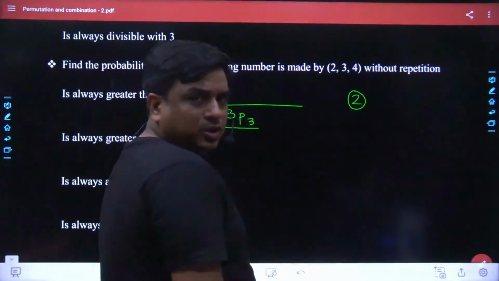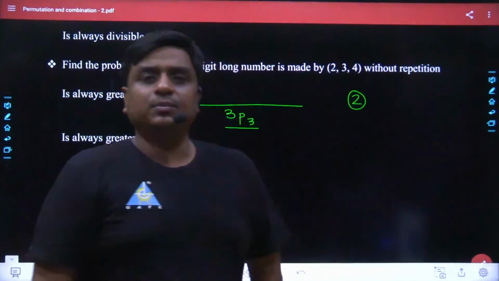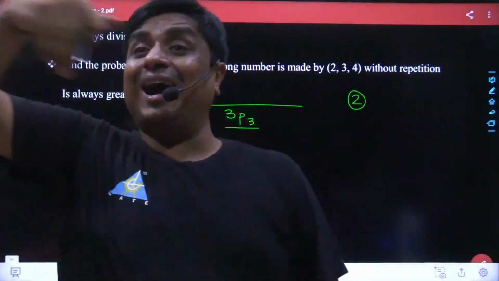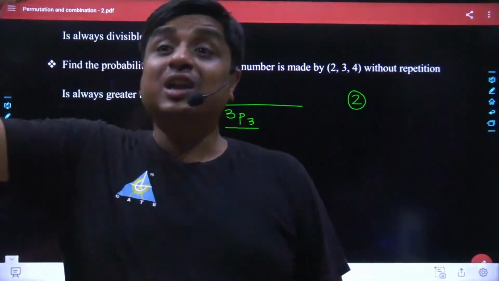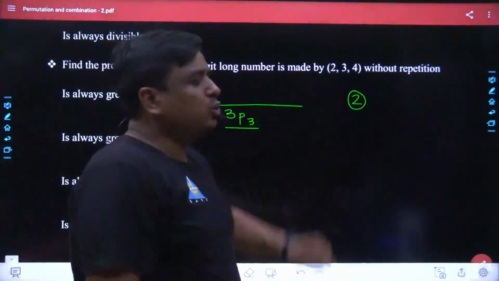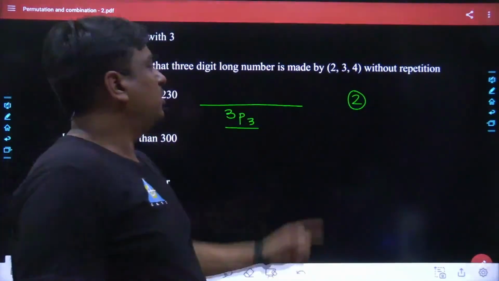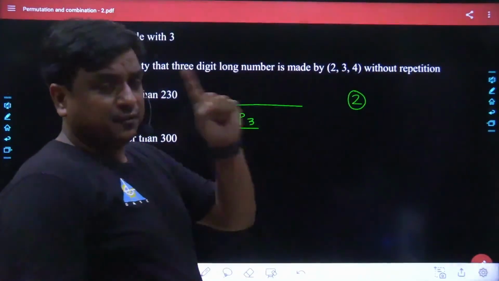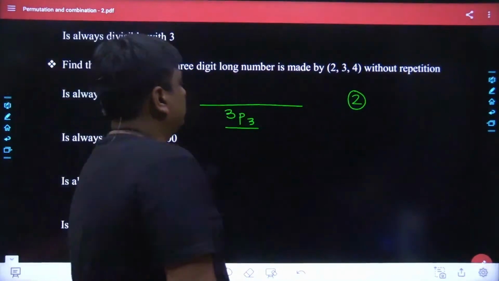That part you must know, no? If you want to make the least number, you start from the highest weightage place and start feeding the least values over there. So among 2, 3 and 4, what is the least value? 2. So we fixed it at the first place.